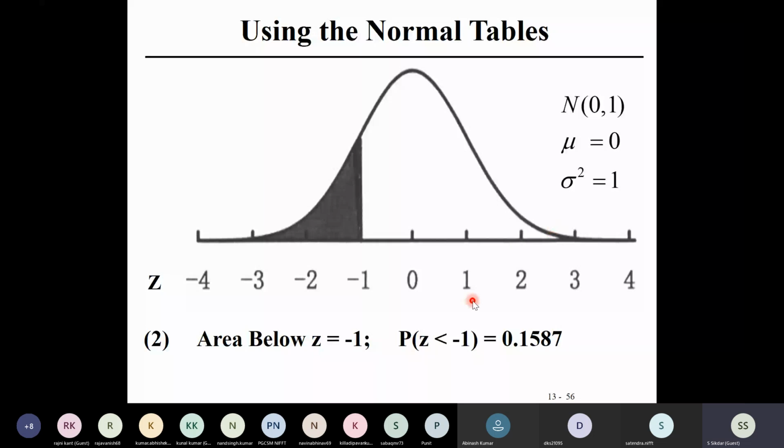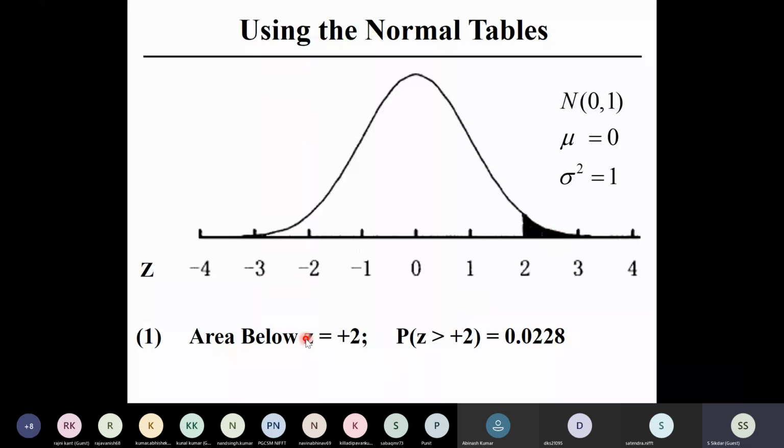The area below Z: if you search from the table, you will see that P of Z less than 2 is maybe 0.97. So 1 minus 0.97 would give you 0.02, so you get only this area. Otherwise, the total area is 1.